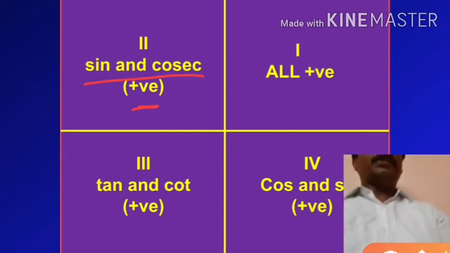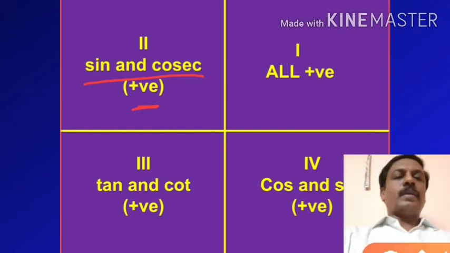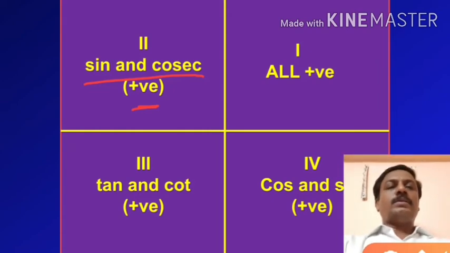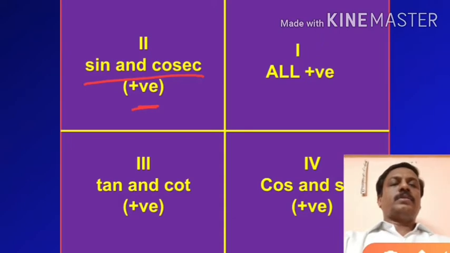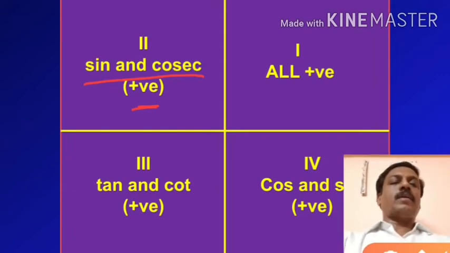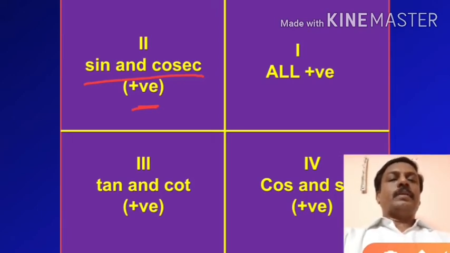Remaining trigonometric functions are negative. Which are the remaining trigonometric functions? Cos, tan, sec, and cot. So the values of these trigonometric functions will be negative in the second quadrant. Second quadrant means when the angle is more than 90 and less than 180. So then only sine and cosec will be positive.